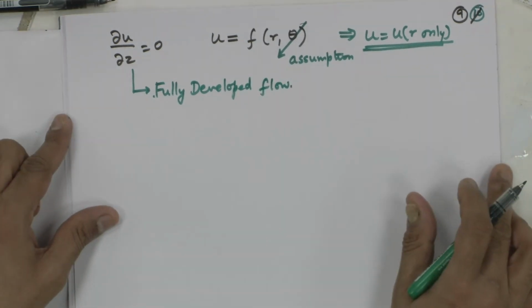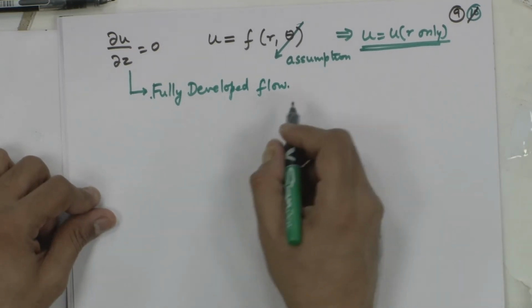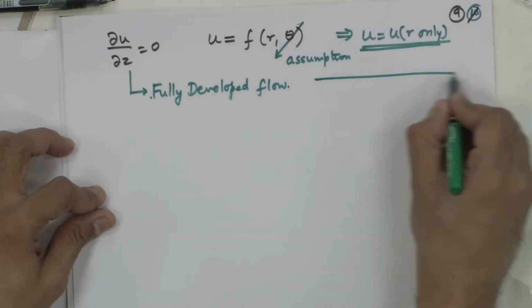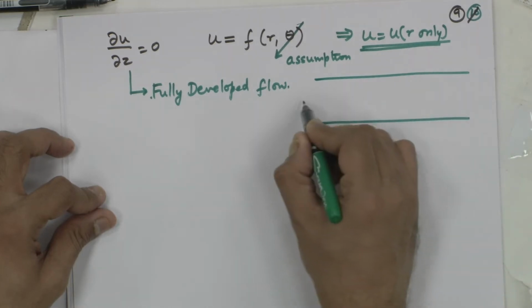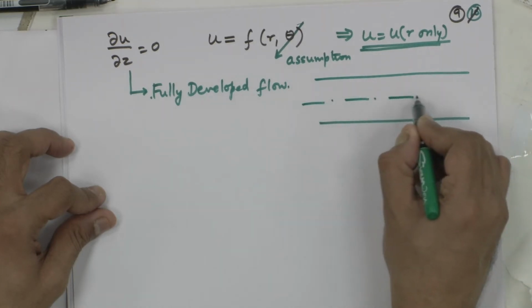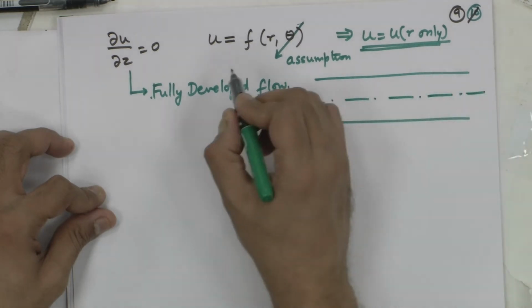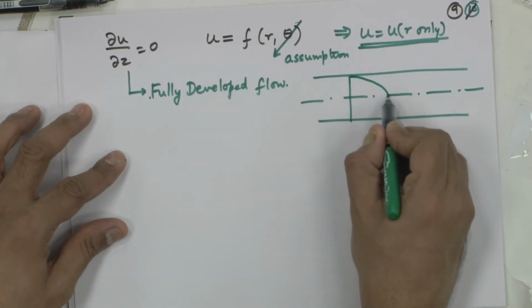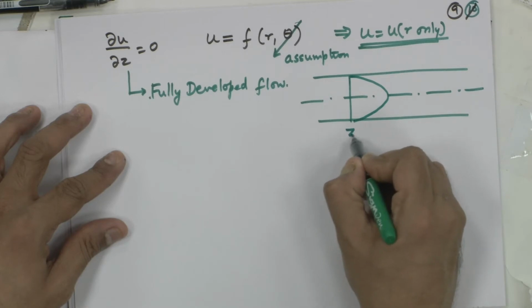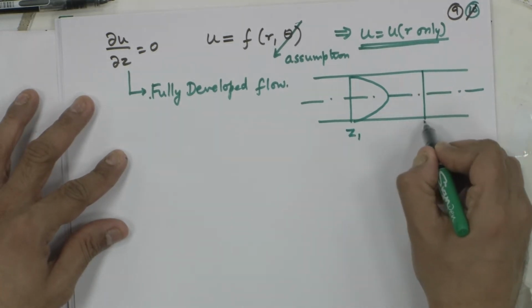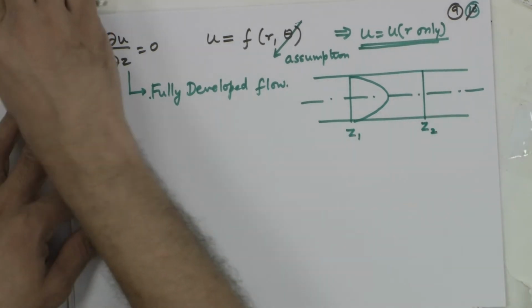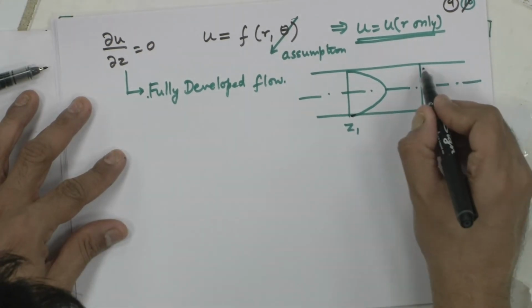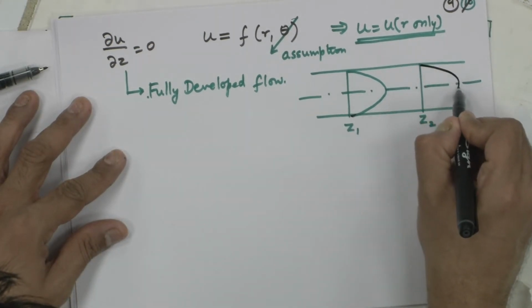In fluid mechanics, we have seen this term, fully developed flow. Mathematically, I think all students would be able to tell us the condition for fully developed flow. But physically, what it means is that if I have a profile at z1 and I want to check the velocity profile at z2, it is exactly the same.